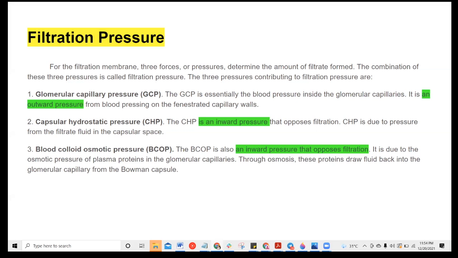This is self-explanatory since we have already tackled osmotic pressure. Also an inward pressure that opposes filtration, same as the CHP. It is due to the osmotic pressure of plasma proteins in the glomerular capillaries. Through osmosis, these proteins draw fluid back into the glomerular capillary from the Bowman capsule. The yellow one there is where the filtration starts.